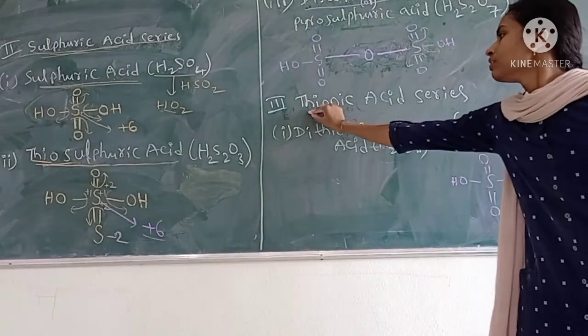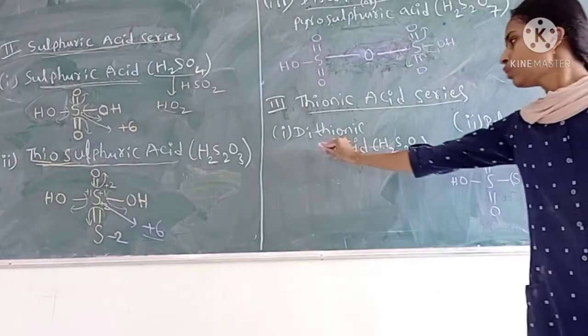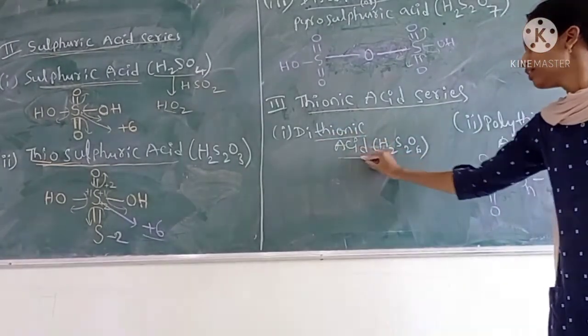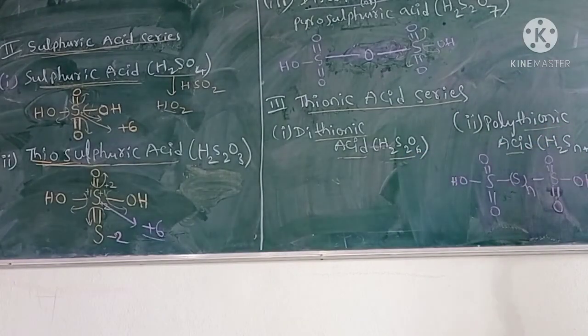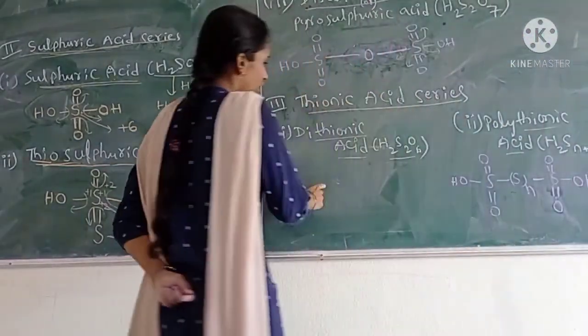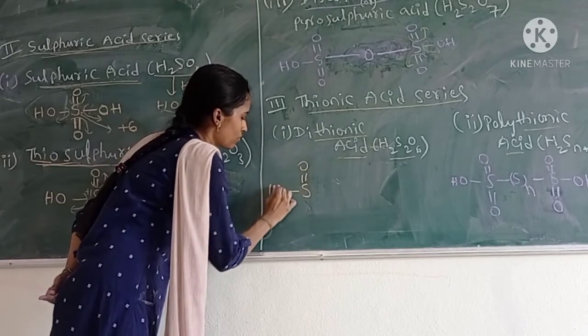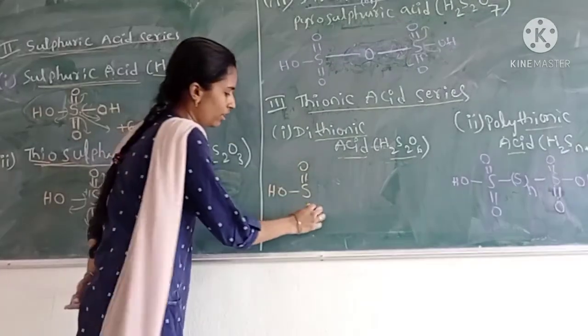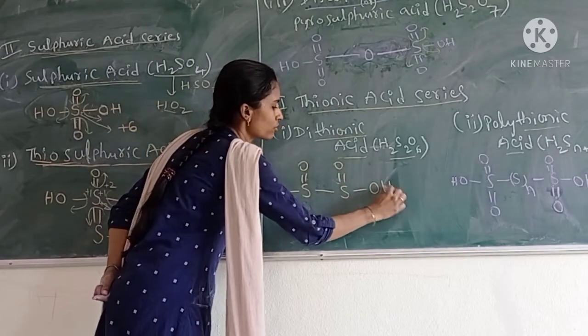Then the third series is the thionic acid series. In this only two acids are there, dithionic acid, H2S2O6, and polythionic acid. In dithionic acid, write the basic structure: S double bond O OH, and then link another S double bond O OH.